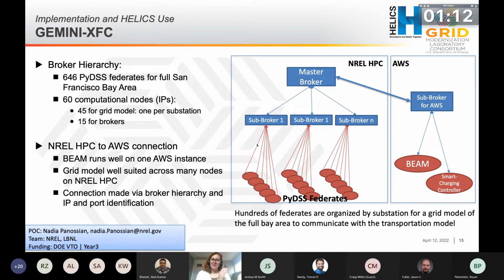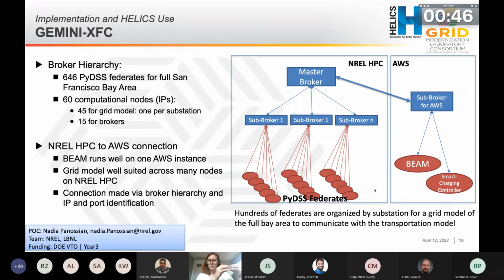So we have PyDSS on NREL's internal HPC and Beam running on a high memory node on AWS. And the flexibility of broker structures allows us to communicate across those HPC resources. The other aspect that helps a lot is that we started to hit some of the broker communications limits, and so we created a broker hierarchy.